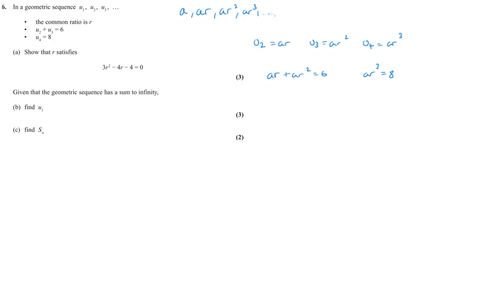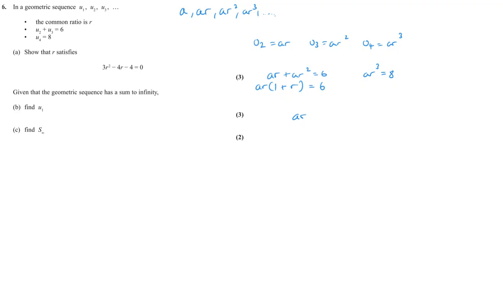Now with this first one, I can factorize out AR, in fact. Let's take out the AR: AR times 1 plus R equals 6. Now, if I divide these two, I'm going to get rid of the A's and just leave me with R and a number.